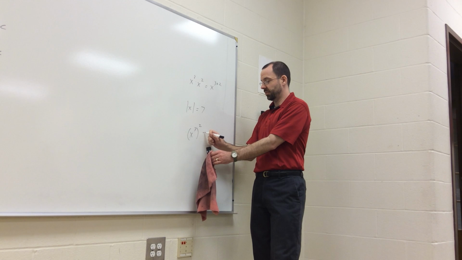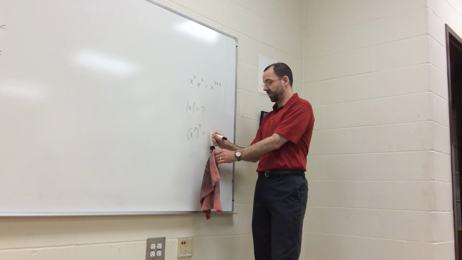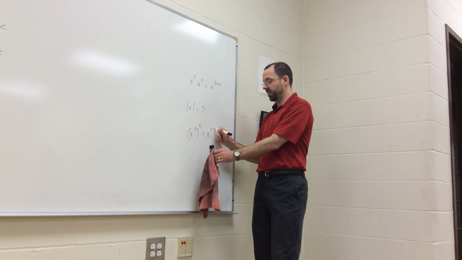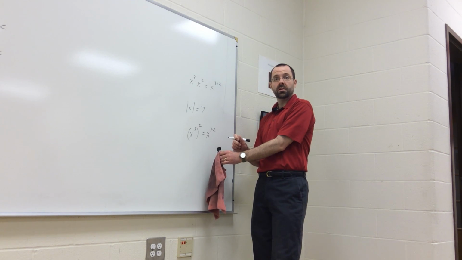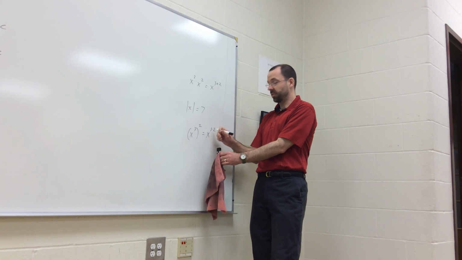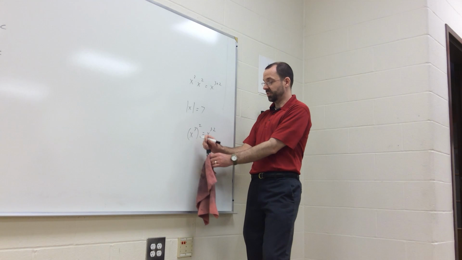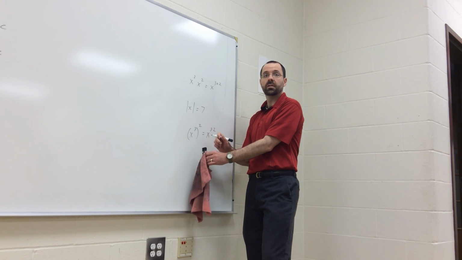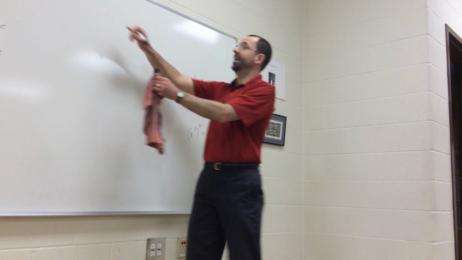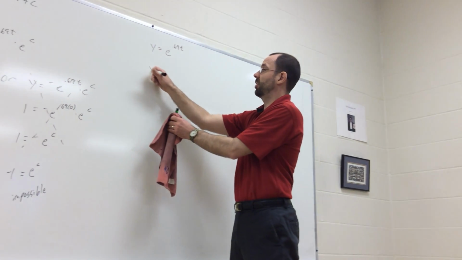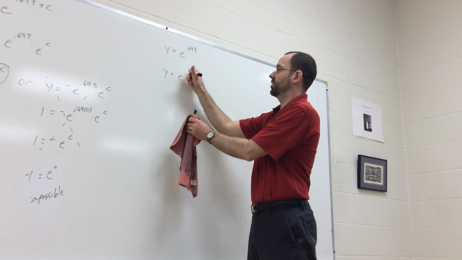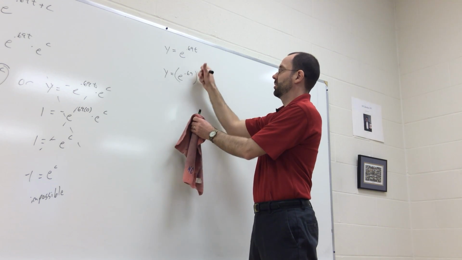What do you do in that situation? Multiply the exponents, right? So this is the same as x to the 3 times 2 power. So you could go backwards. If you have x to the 3 times 2, you could write that as x to the 3rd, squared. So here we have e to the 0.69t. So I'm going to rewrite that as e to the 0.69, to the t.